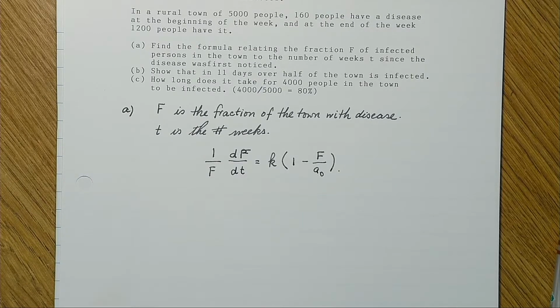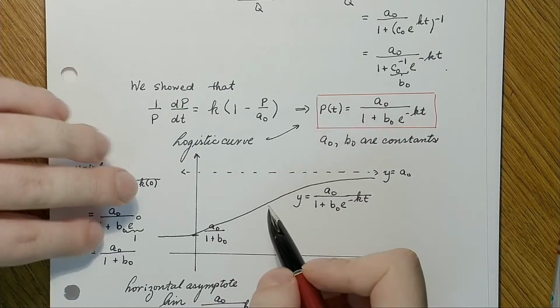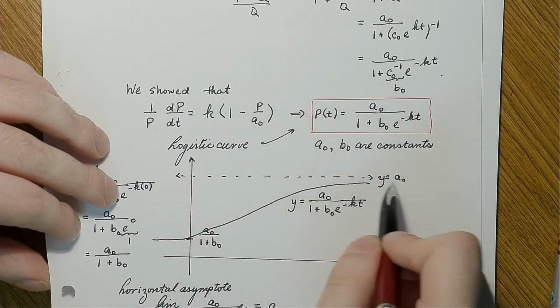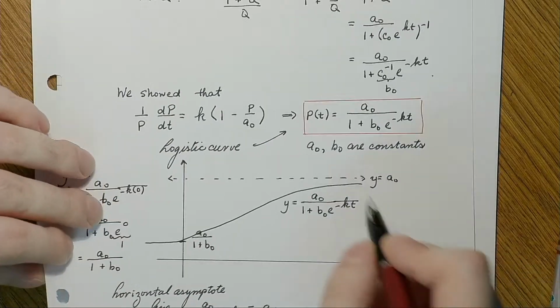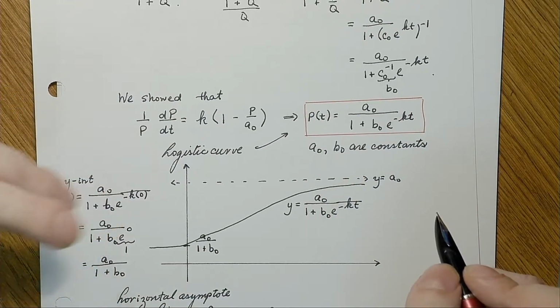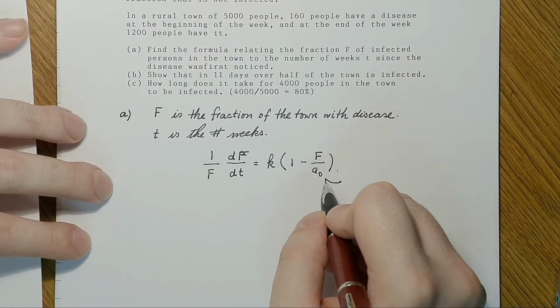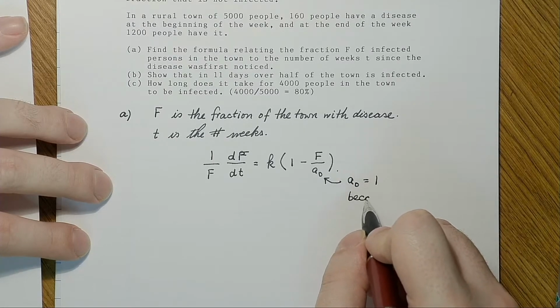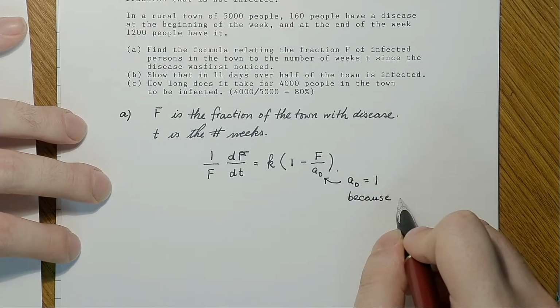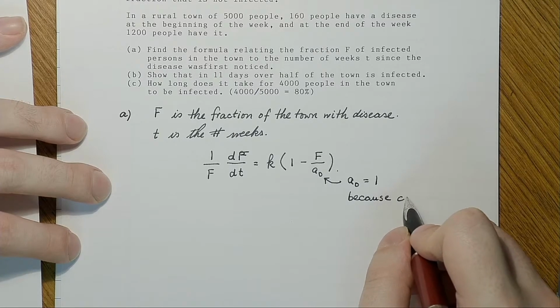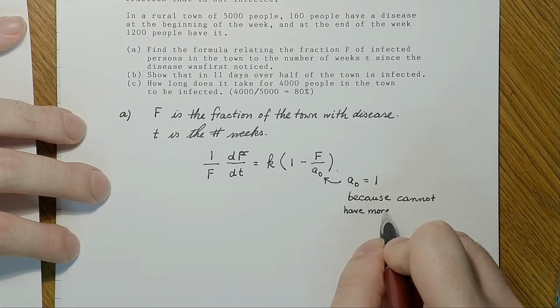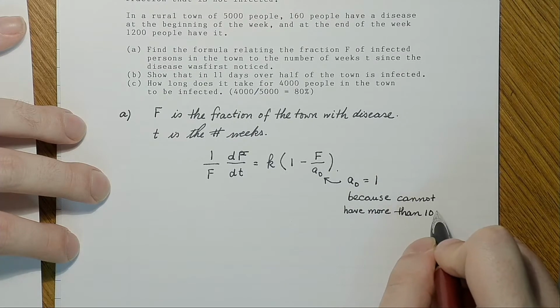Now, the nice thing about this is that this is what the curve is going to look like. And since it's a fraction, I know that my upper bound has to be 1. So my a naught is 1 because it's a fraction, I'm using a decimal. You cannot have more than 100% infected.